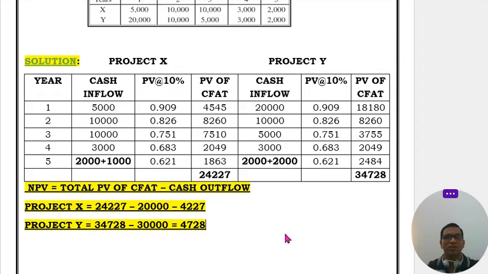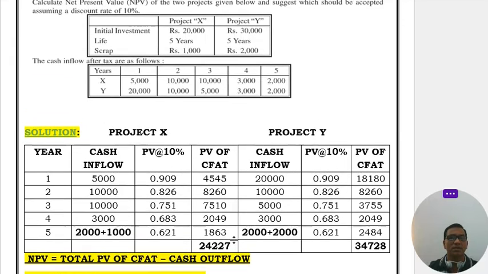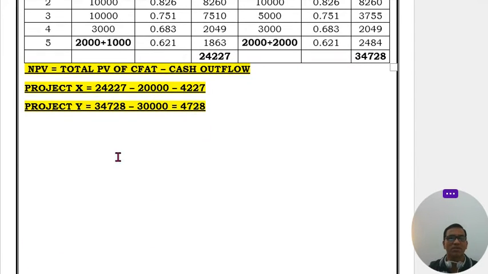So the NPV of project X is 4,227. NPV of project Y is 4,728. So which one should be accepted? NPV is maximum for project Y, so project Y should be accepted.